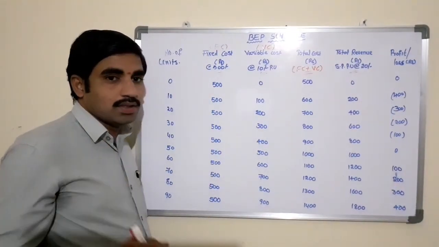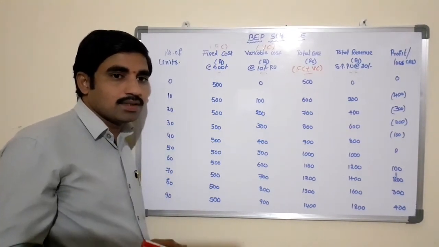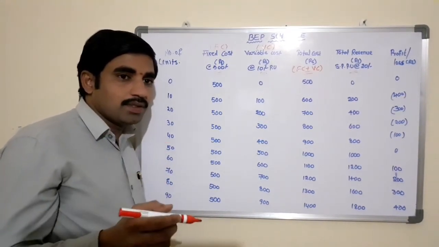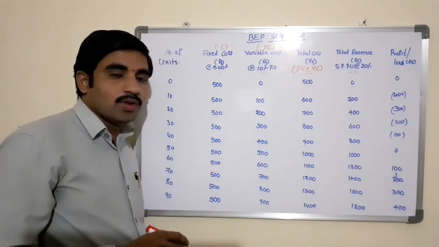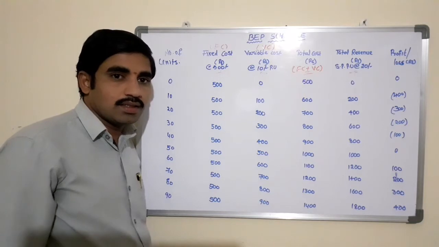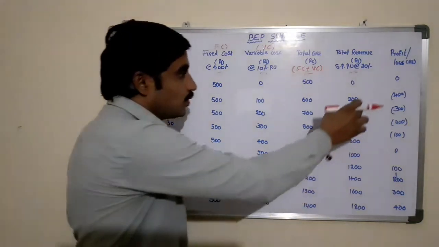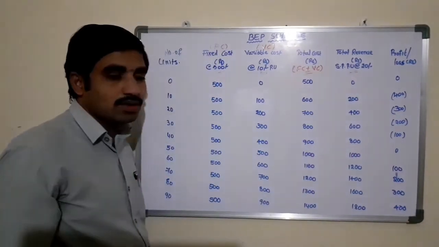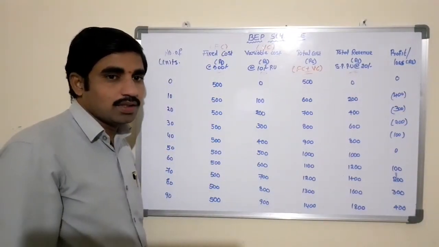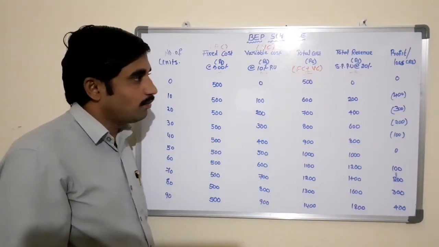It should not be changed, whether it is a perfect competition market or an imperfect competition market in the form of monopoly, monopolistic, or oligopoly market, whatever the market it is, you should not change the selling price per unit. Then only it is possible to determine the exact break-even point.